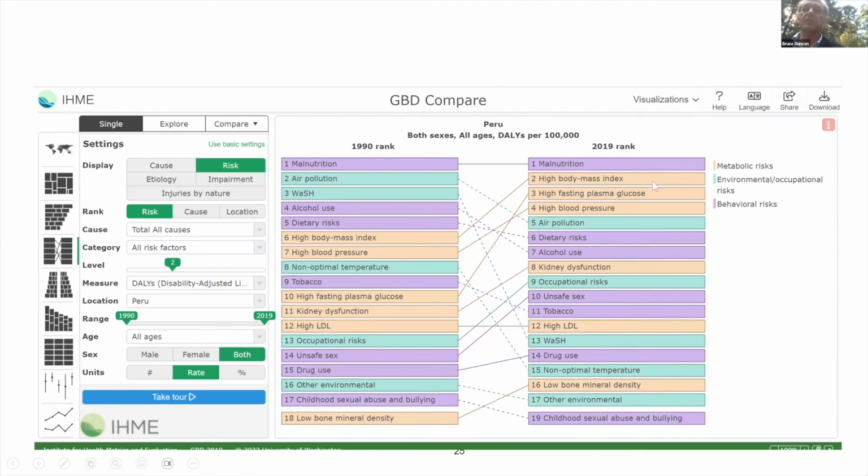These are risk factors: malnutrition, and then 3 metabolic risk factors associated predominantly with chronic diseases: high body mass index, high fasting plasma glucose, and high blood pressure, then air pollution, and then so on. And you can see the changes in these risk factors. You can see that, for example, the metabolic risk factors have uniformly increased as chronic disease has become more important over these 3 decades, and several of the risk factors that lead to problems with infections or maternal child health have decreased.